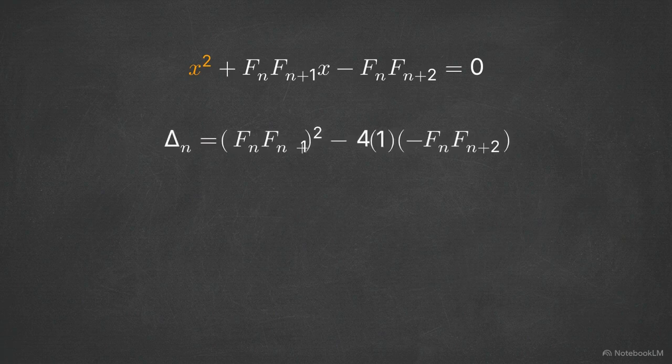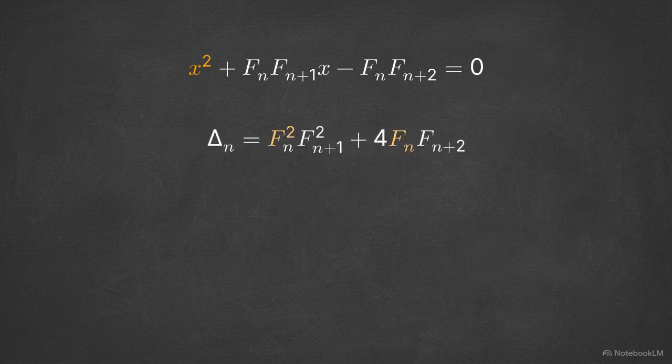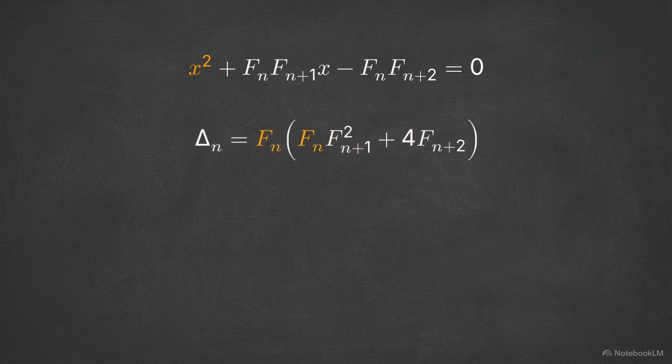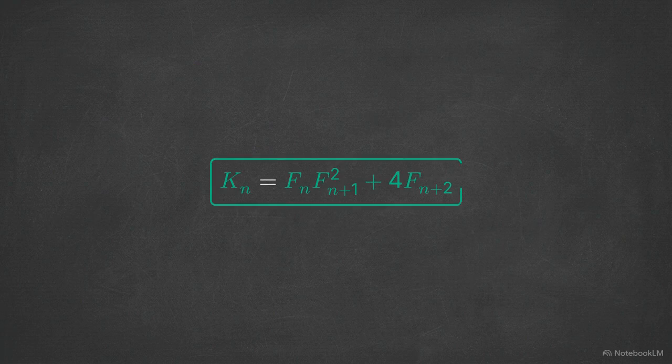Expanding these terms reveals the interior structure of the formula and exposes a common factor of fn across the entire expression. By factoring out fn, we successfully isolate the core operational unit driving the polynomial. We formally define this isolated section as the discriminant bracket, labeled kn.